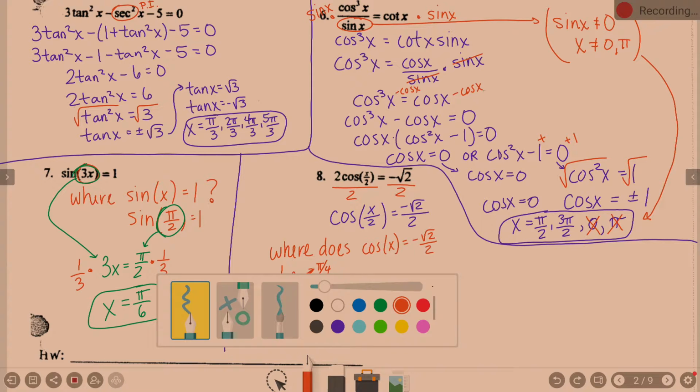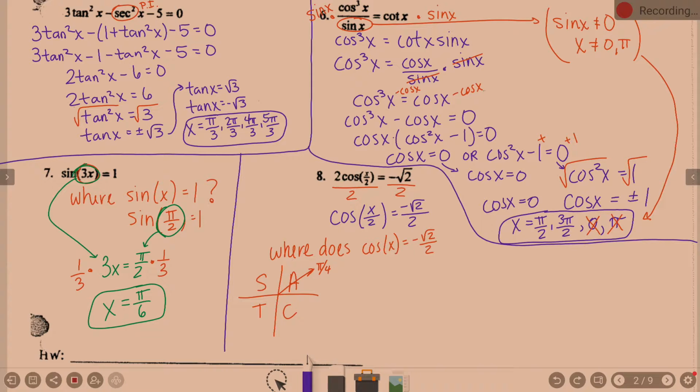What quadrants am I going to be looking at? We know we're not going to be looking at the all quadrant. We want where cosine is negative. So we're not going to be looking where cosine is positive. We want to look in the sine quadrant and the tangent quadrant. Does that make sense to you?